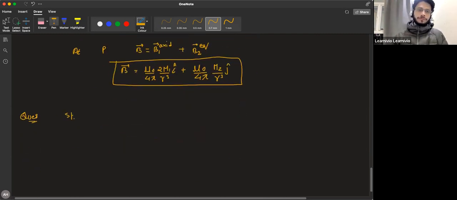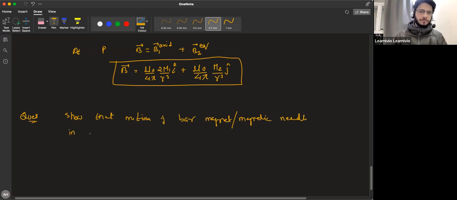The question says, show that the motion of a bar magnet or magnetic needle in a uniform magnetic field is SHM. Calculate time period and frequency. And this is again repetition of electrostatics. We did this question in electrostatics also.